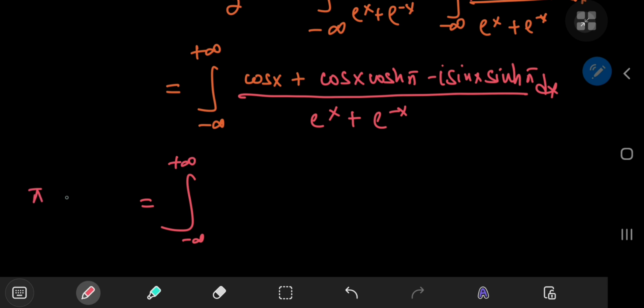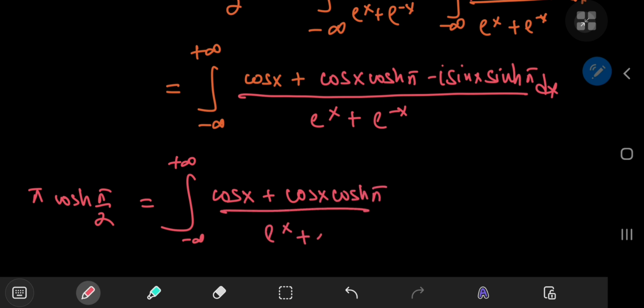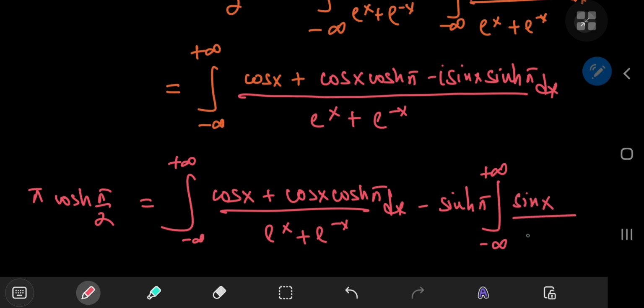So you have a real number here, that's pi times cosh pi by 2, cosine of x plus cosine of x times cosh pi, which is just a real number, over e to the x plus e to the negative x dx, and minus sinh pi, which is just a constant real number, times the integral from negative to positive infinity of the sine of x divided by e to the x plus e to the negative x dx. And comparing real and imaginary parts on both sides, this is 0.